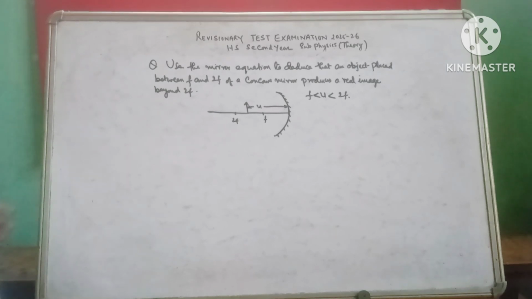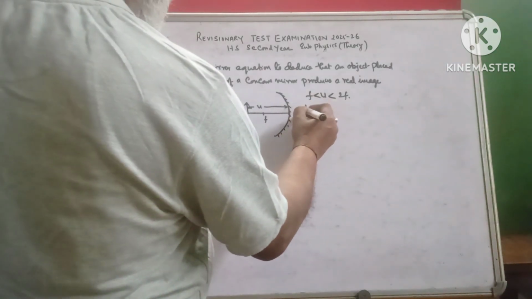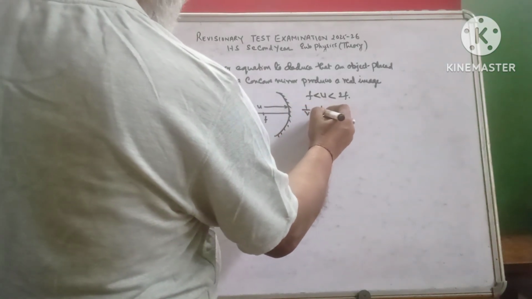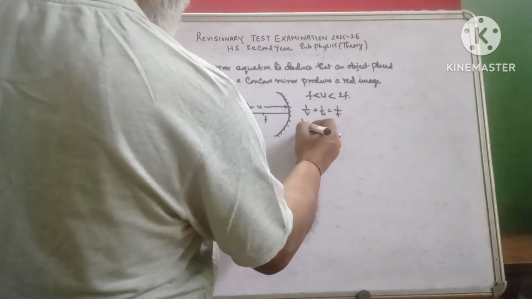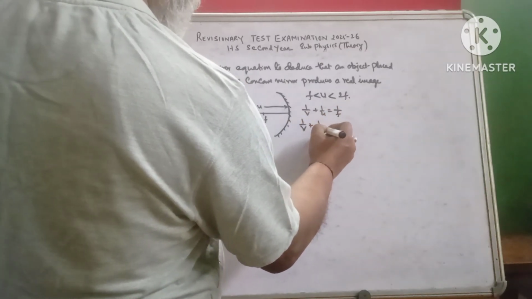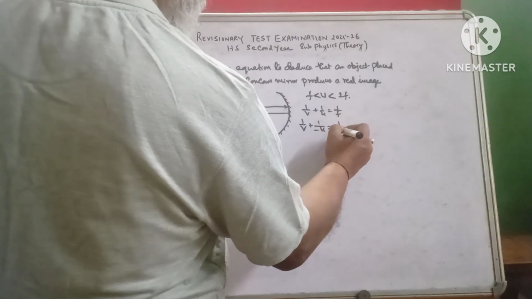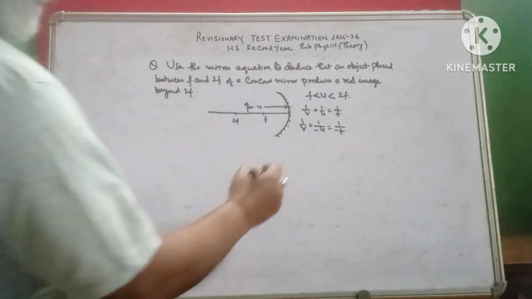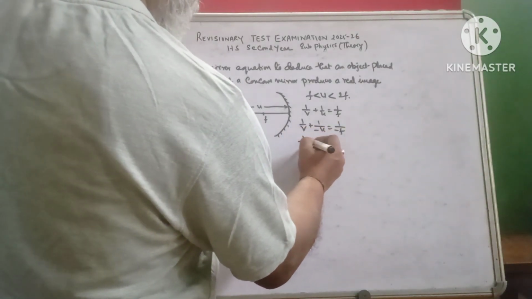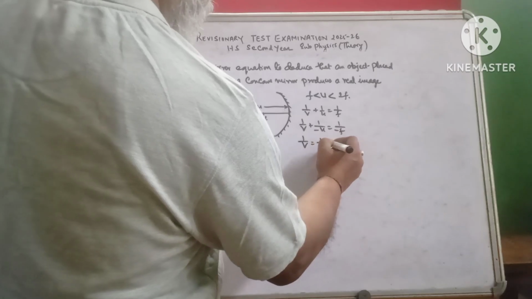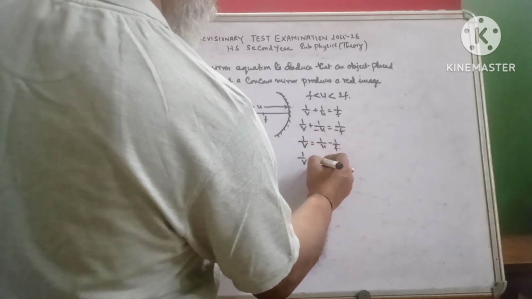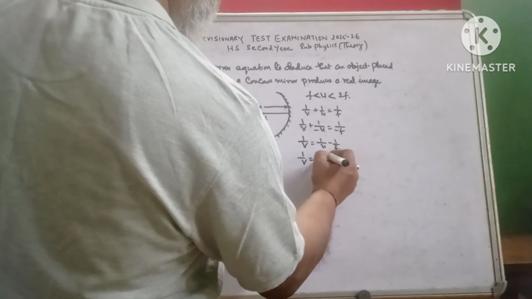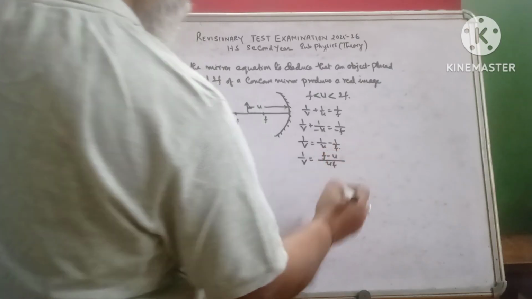So if we apply the mirror formula, that is 1 by V plus 1 by U is equal to 1 by F. So this is 1 by V, 1 by minus U is equal to 1 by minus F. So 1 by V is equal to 1 by U minus 1 by F. So 1 by V is equal to (U minus F) by UF.